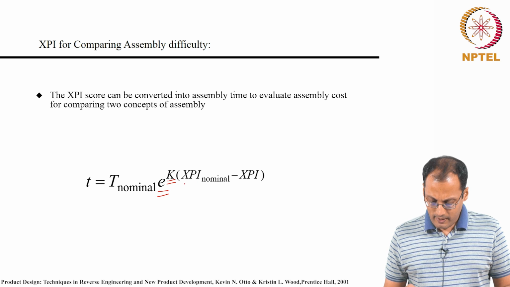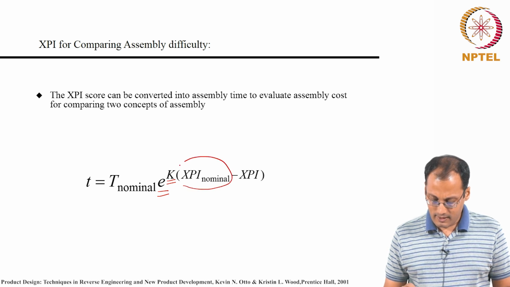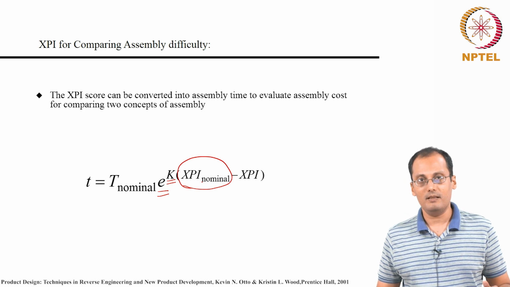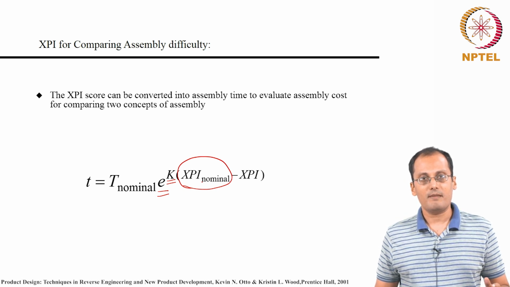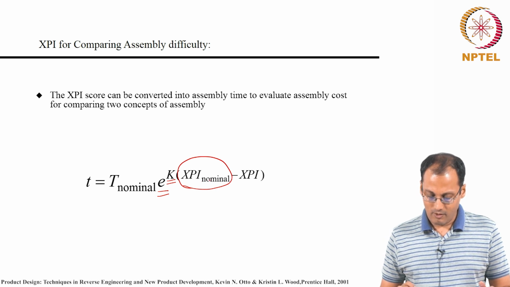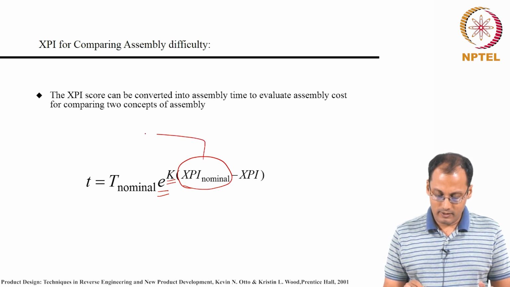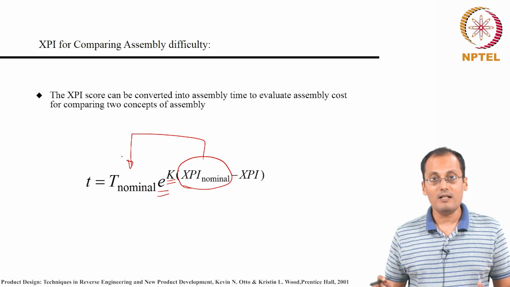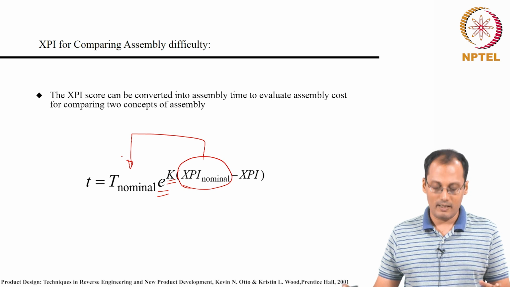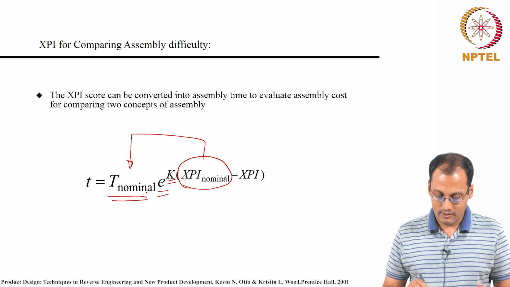Let us say this XPI nominal is a benchmark part which has been assembled, and the XPI score corresponding to that part is computed, which is this XPI nominal. Corresponding to that, the measured time, experimentally measured time, statistically measured time is T nominal.